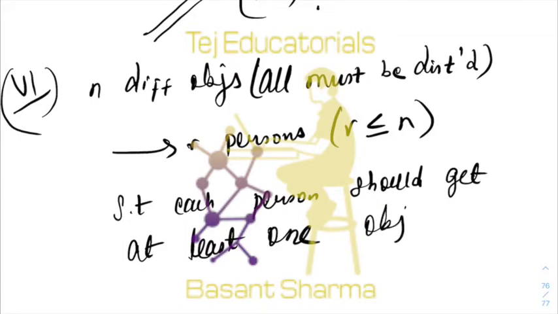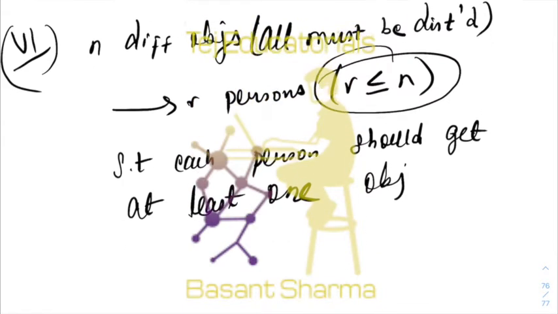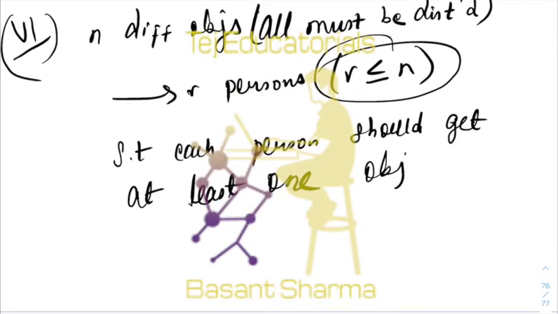Now this condition is redundant. When I say that each person should get at least one object, then obviously the number of persons should be less than or equal to the number of objects. If the number of persons is more, there will be some persons who will not get any object at all. So we have the problem: n different objects, all must be distributed amongst r persons such that each person gets at least one object.